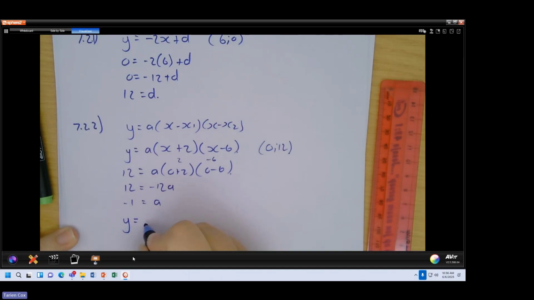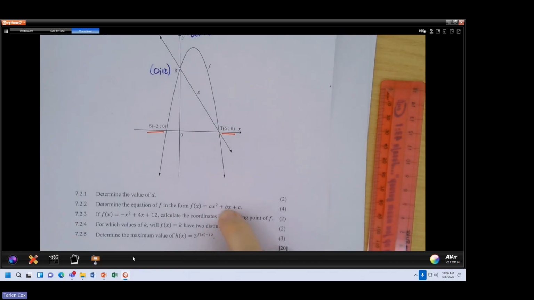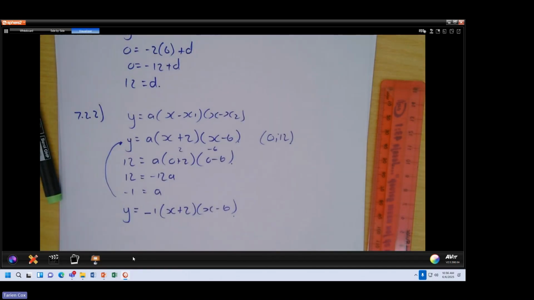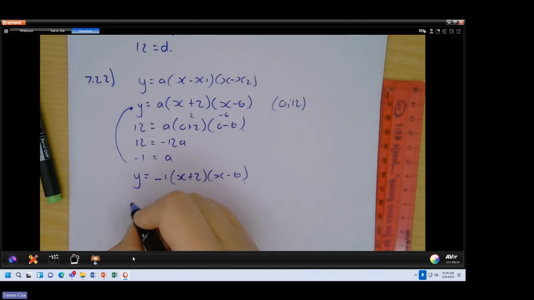Then I need to put it back into this equation. So a is -1, and I've got (x plus 2)(x minus 6). So why is this necessary? Because the question asked to give the equation in standard form, which means I need to multiply out from this x-intercept form and get into standard form.